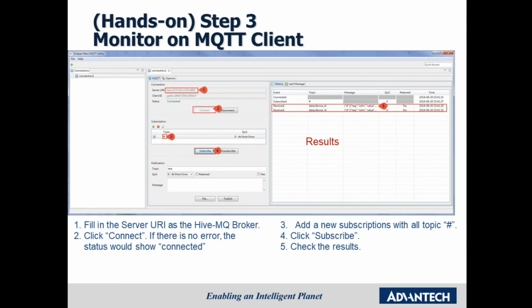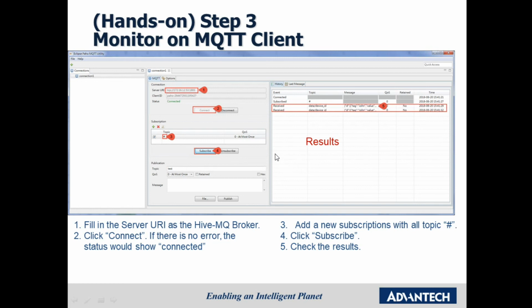Fill in the server URL of the HiveMQ Broker. Click connect if there is no error. The status will show connected, and user can add a new subscription with all topics, wildcard, and then click subscribe.